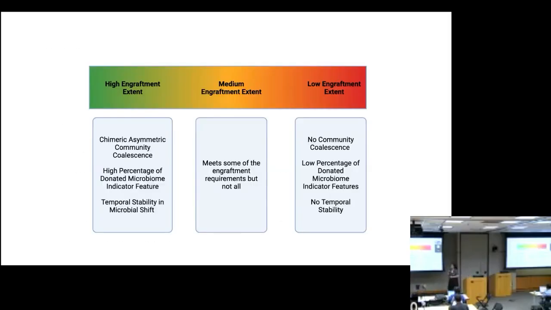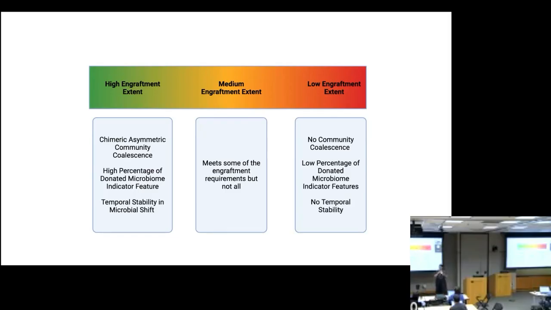And I am using this term engraftment extent for a very purposeful reason. When we talk about engraftment, this term is actually coming from stem cell transplants. FMT world kind of took that nomenclature. But with stem cell transplants, it's really easy to say what a successful or unsuccessful stem cell transplant was, because when you start seeing the donor marrow make white blood cells, you're like, awesome, success.